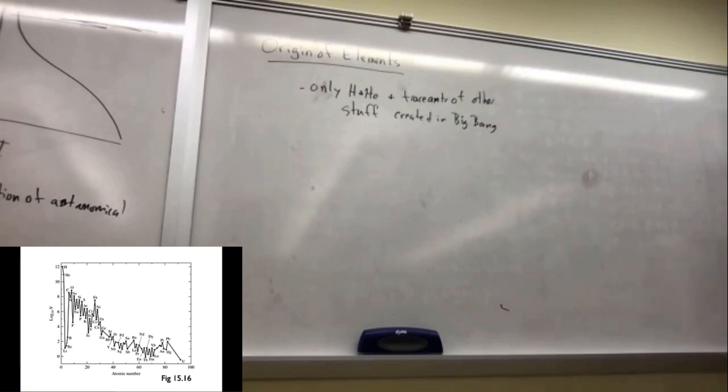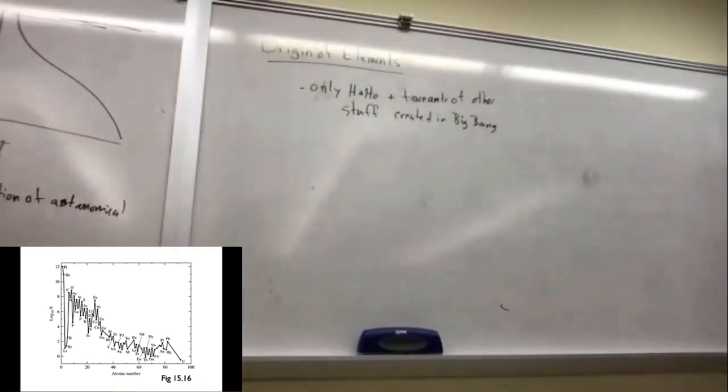You've got this peak here, iron, called the iron peak, where those elements are a little bit more abundant than you would expect given the general trend. And then order breaks down and things get weird out here in the higher elements.